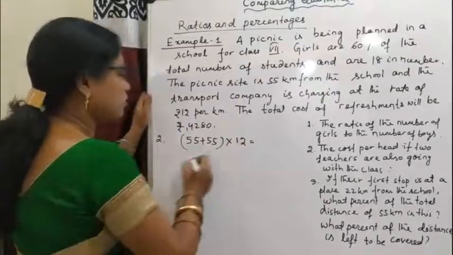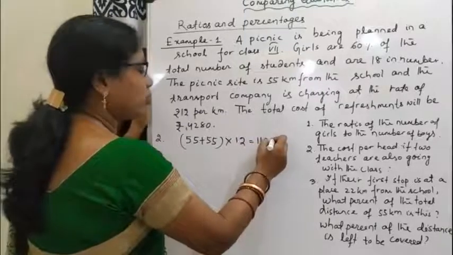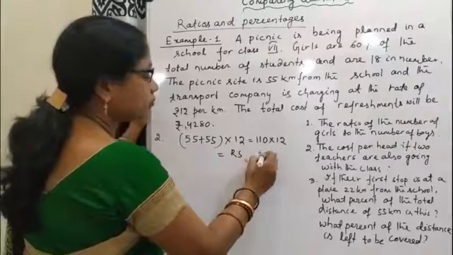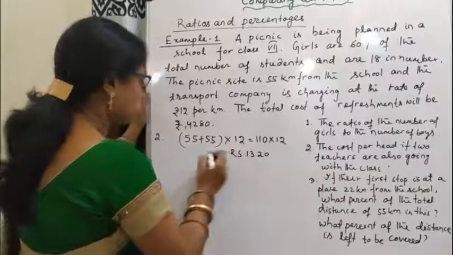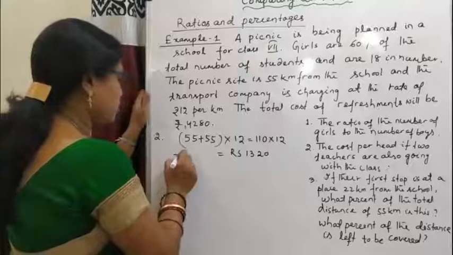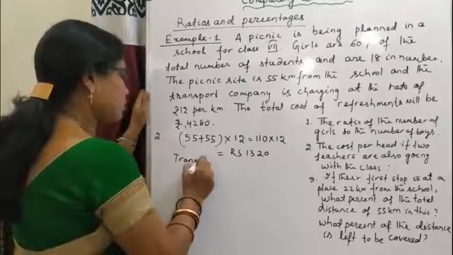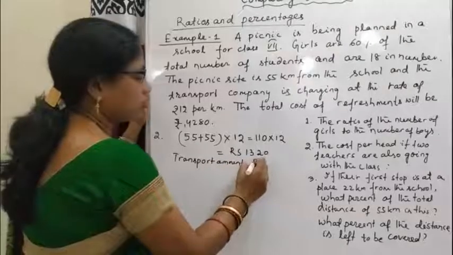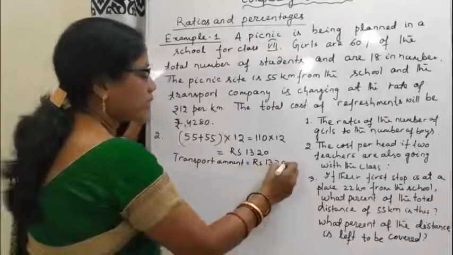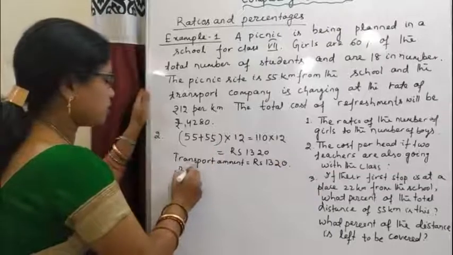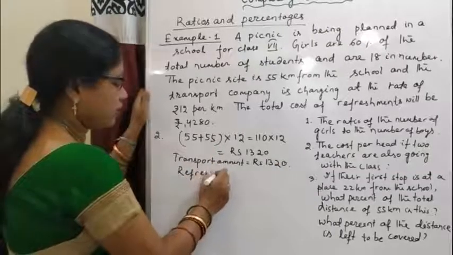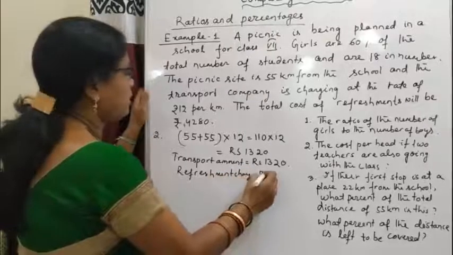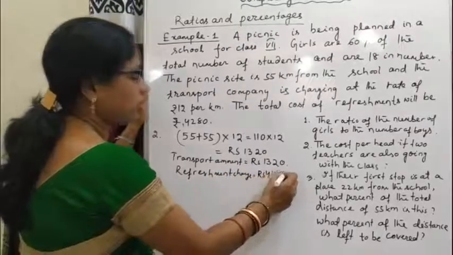So this is equal to 110 multiplied with 12. So the transport amount is equal to rupees 1320, and the refreshment charge, it is given, is rupees 4280.